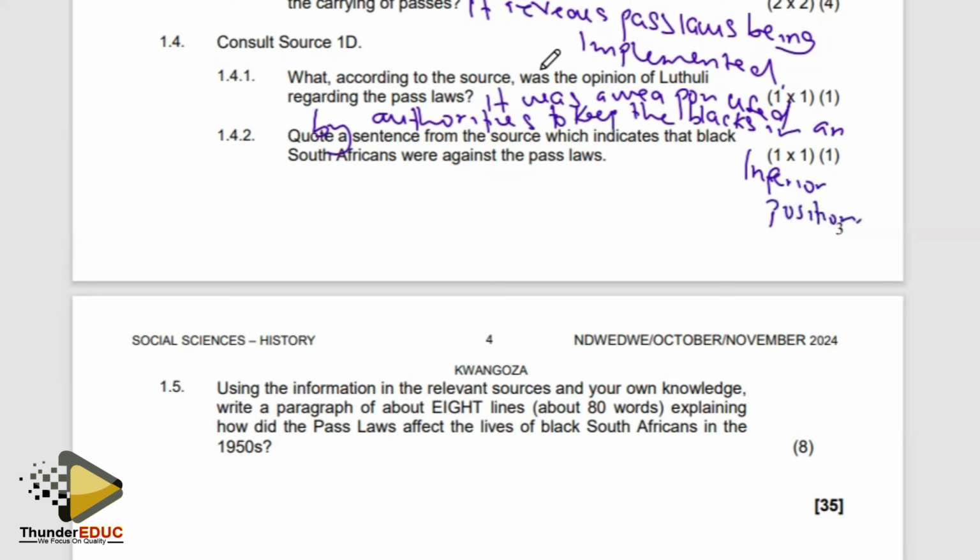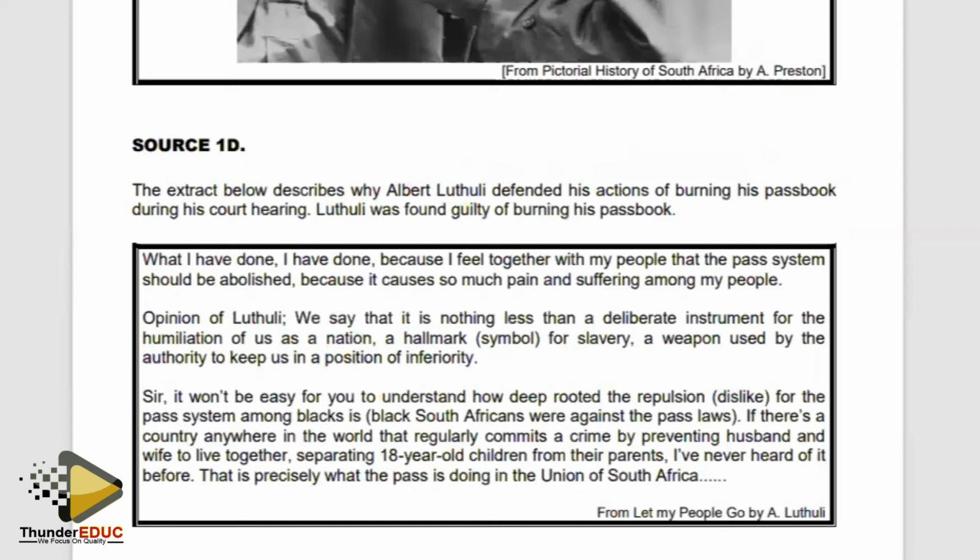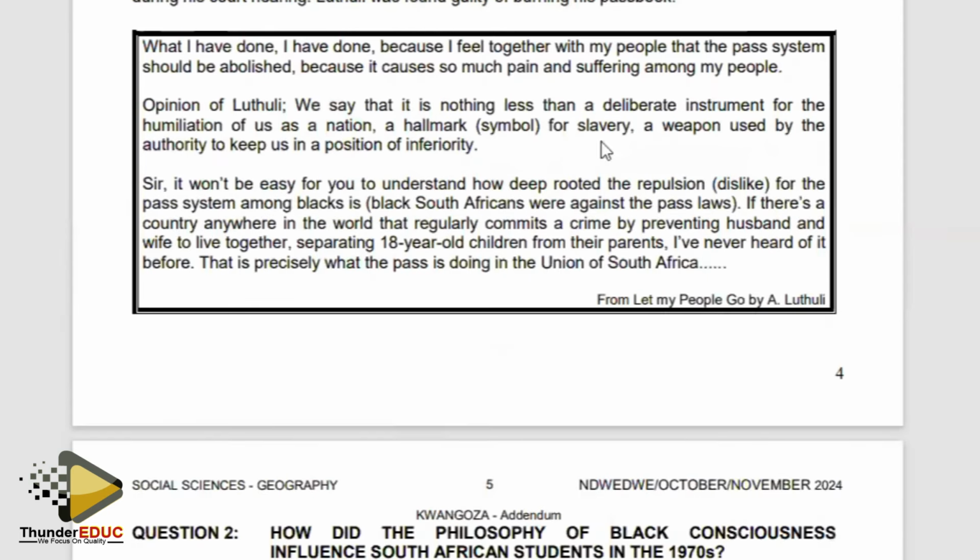Right. Then quote a sentence from the source which indicates that Black South Africans were against the pass laws. Okay, now here we need to quote. So you go back here to the addendum, and then we're going to quote from here that says that Black South Africans.